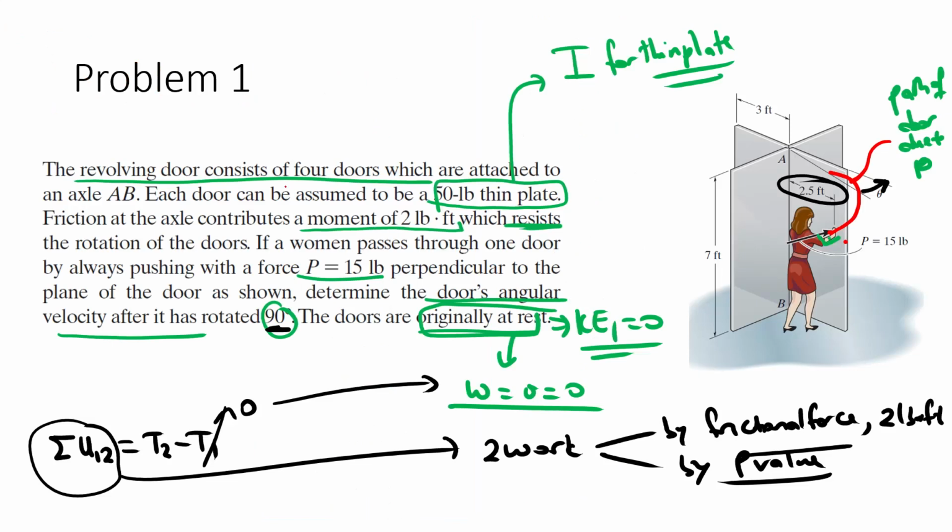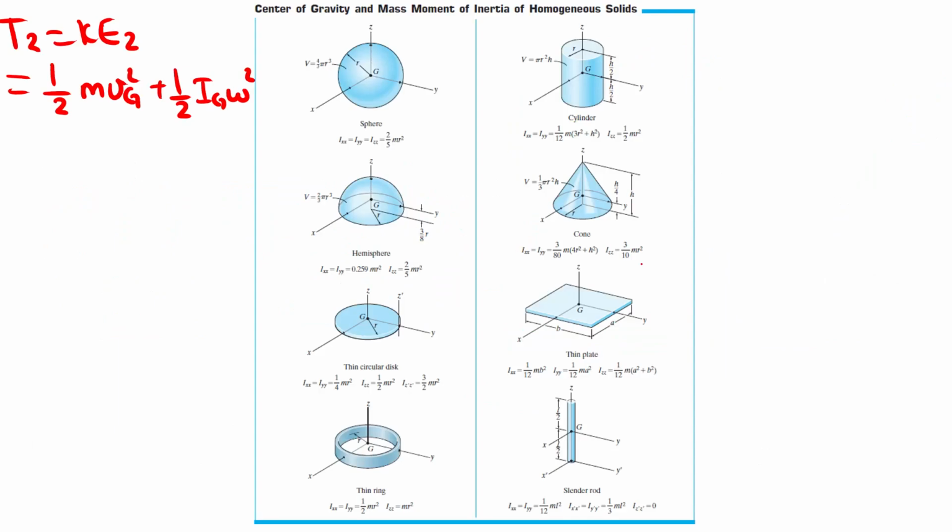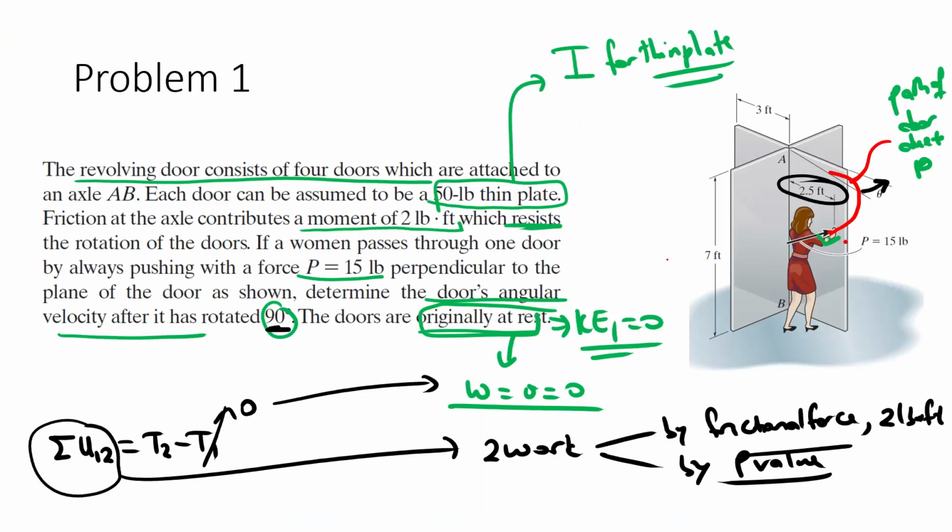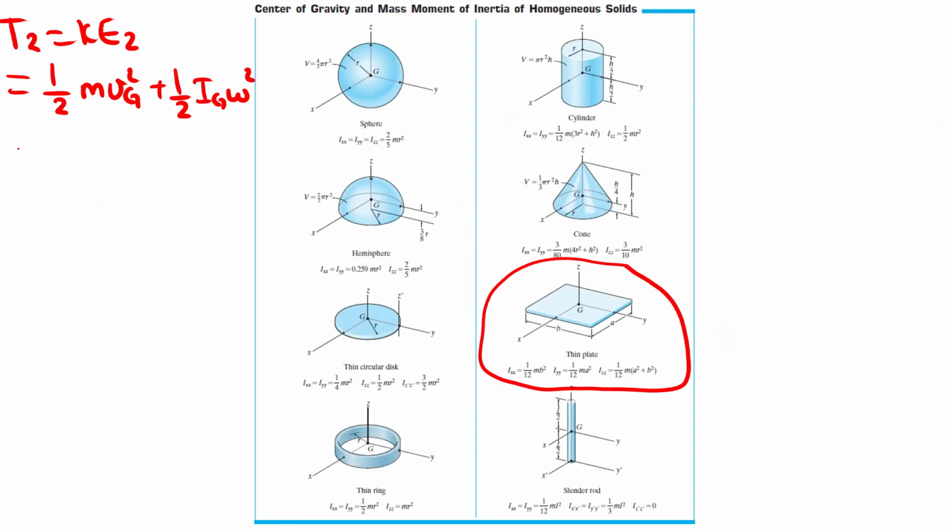The question says that it is a thin plate, and that is the one we are going to use. And then the woman pushes the whole 4 doors together.